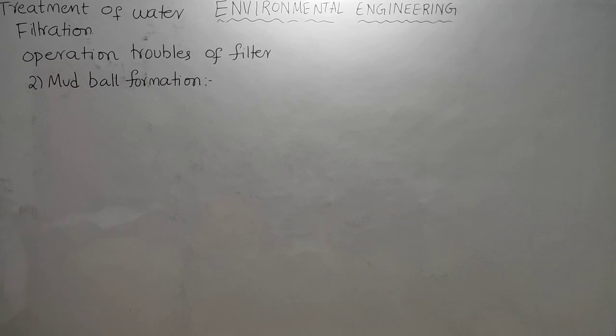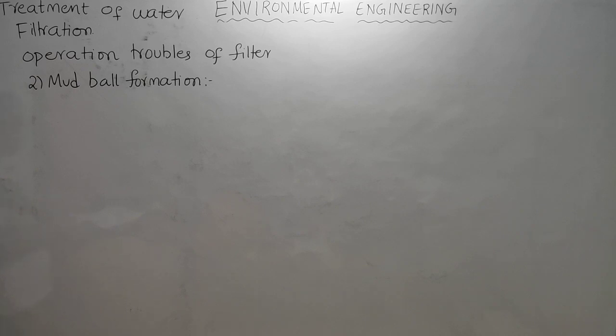Mud from the atmosphere enters into the main filter and gets deposited on the surface of the filter media. Due to inadequate washing, these mud particles enter into the bottom layers and combine with entrapped impurities and grow in size, resulting in the formation of mud balls.